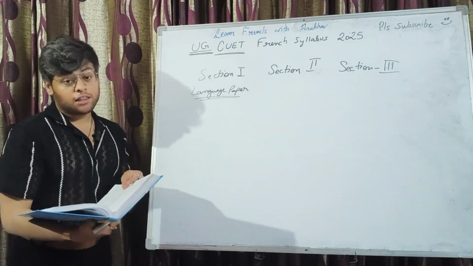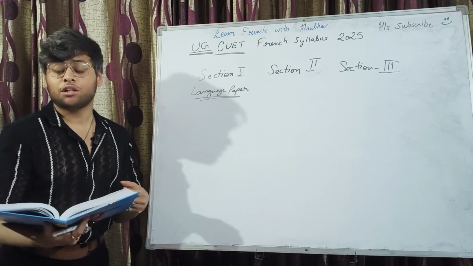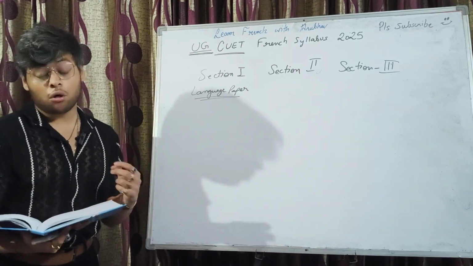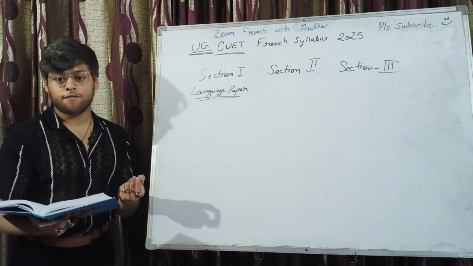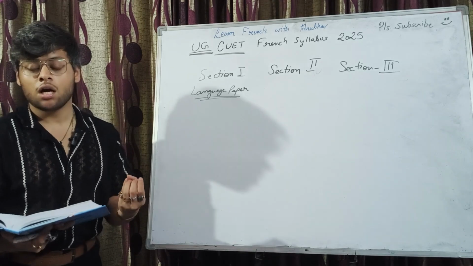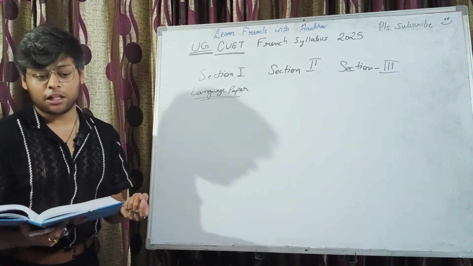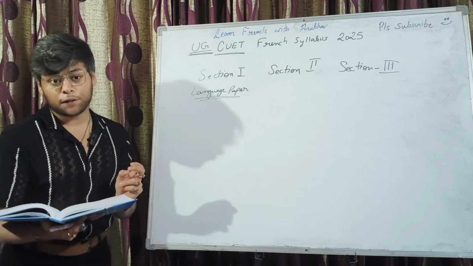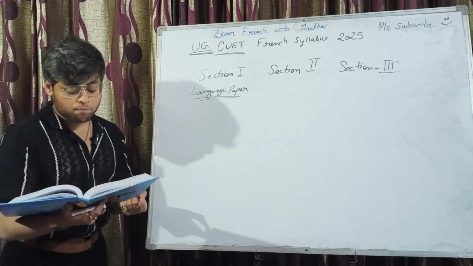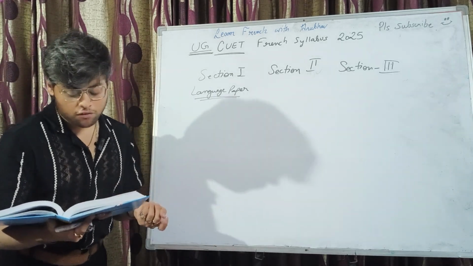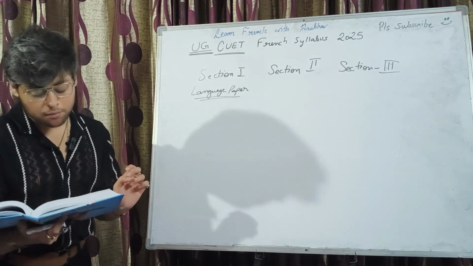Language paper which will test various things such as your vocabulary and grammar, your hold on grammar topics such as active, passive, and synonyms, antonyms, opposites, right? Indirect speech, prepositions, and many more things are there. Reading comprehension, noun forms, verbal forms, many things are tested in a language paper, right?